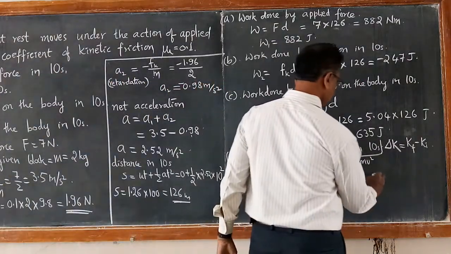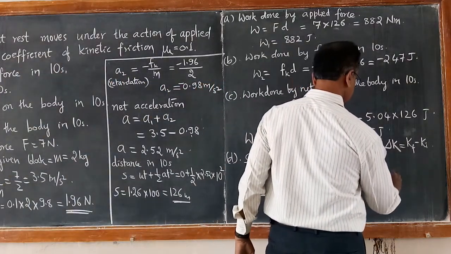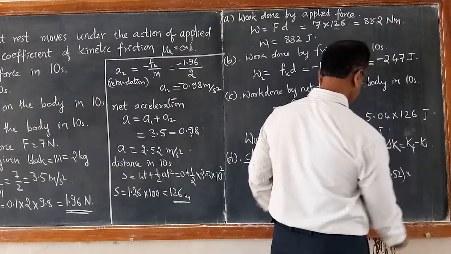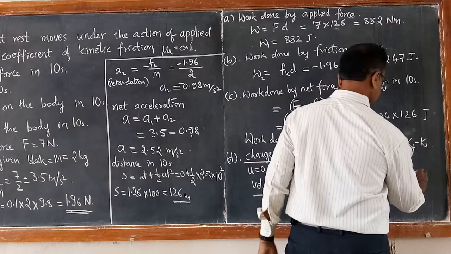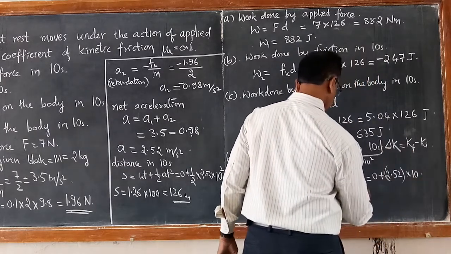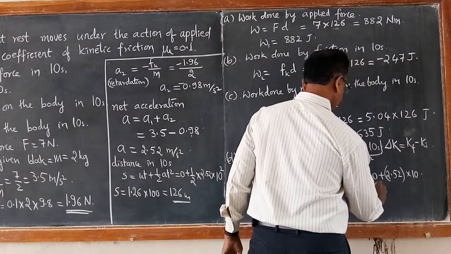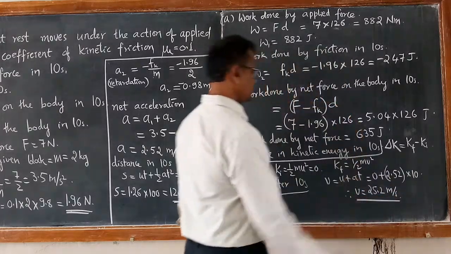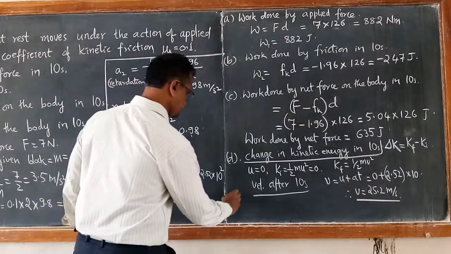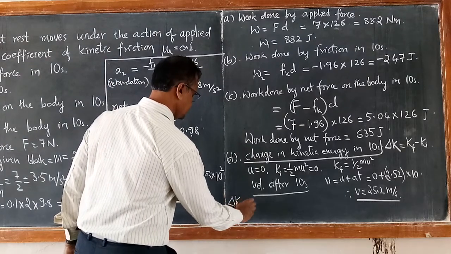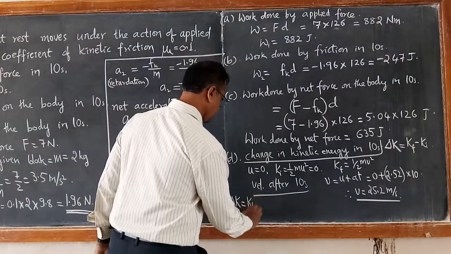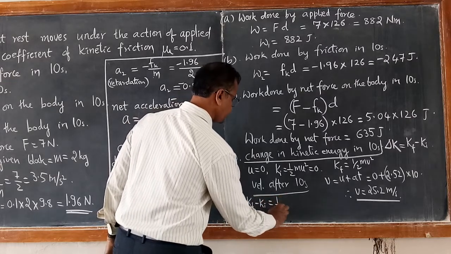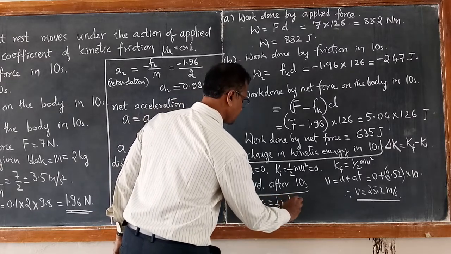So u is 0 plus 2.52 net acceleration into time taken, 10 seconds. Thus we get v equal to 25.2 meter per second. Now we can calculate the change in kinetic energy. Delta K equal to Kf minus Ki. Kf is half mv square, Ki is 0.